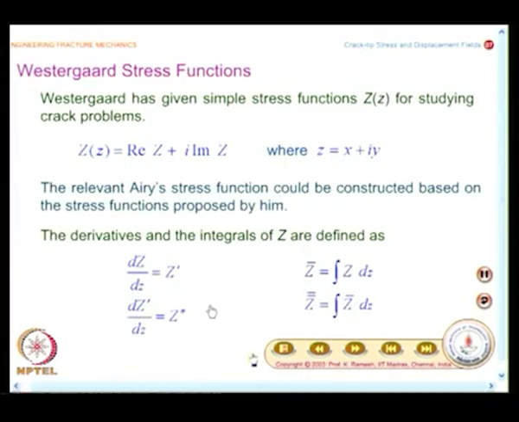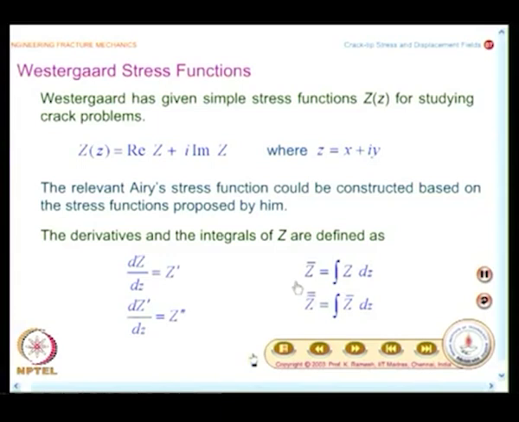Similar to a single prime and a double prime, you have a Z double bar, which is equal to integral Z bar dz. In all our mathematical development, we would do it only as capital Z. We would not look at the details of the stress function right away.